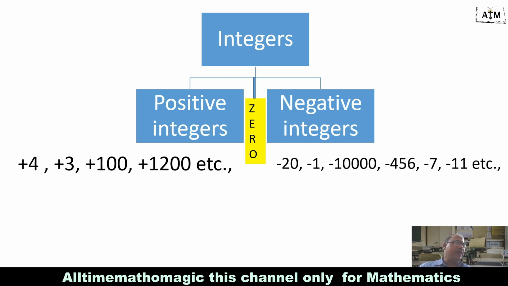And the numbers like -20, -1, -10,000, -456, -7, -11, all these integers are written with the negative sign. The integers written with the minus sign are negative integers.